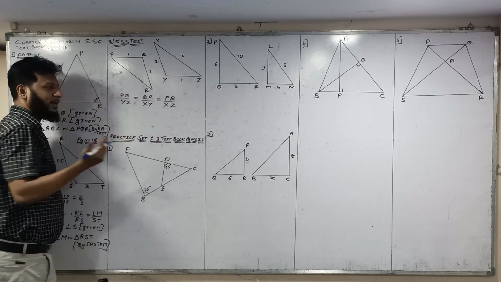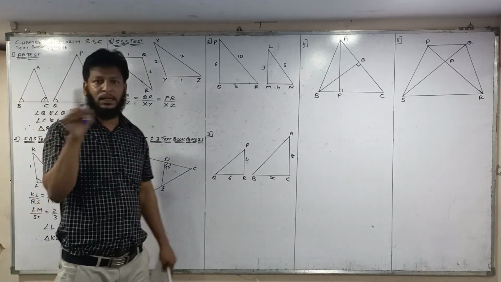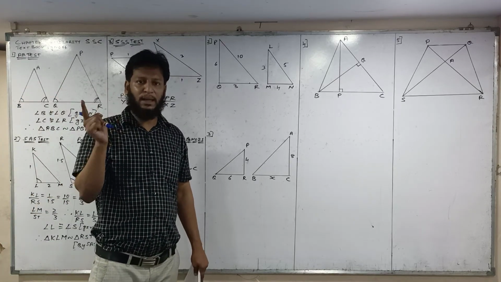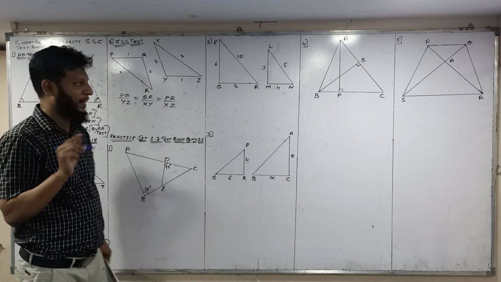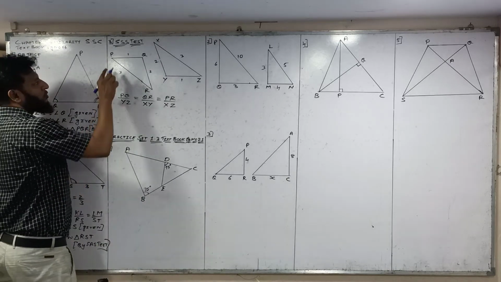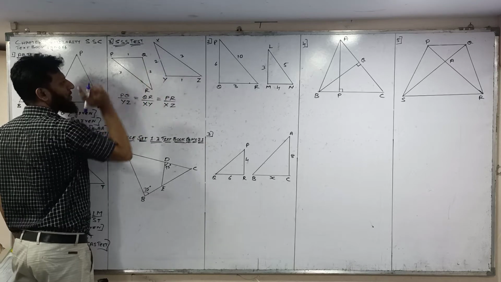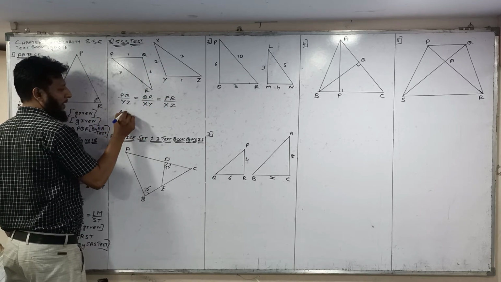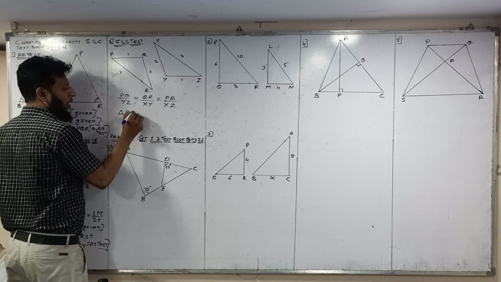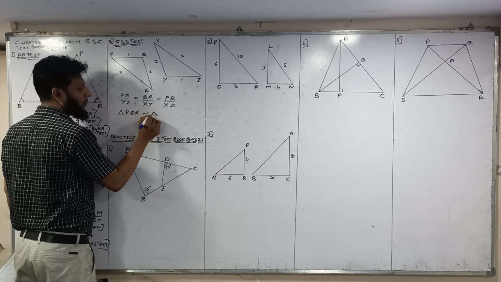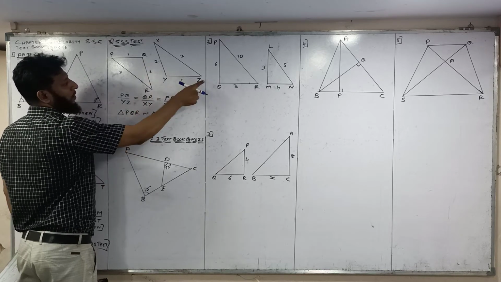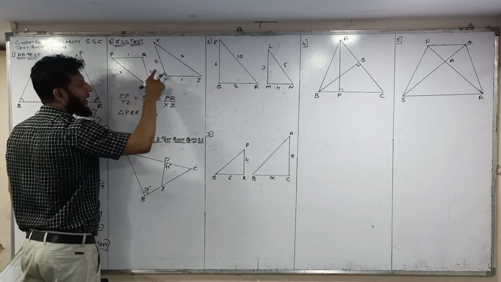When we give the name to the triangle, remember this: write the name of the triangle in proper correspondence while writing the similar triangle. From first to second I am going, here also from first to second I will go. Triangle PQR is similar to triangle ZYX. You cannot write XYZ.